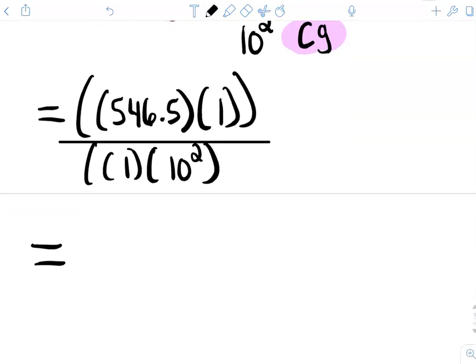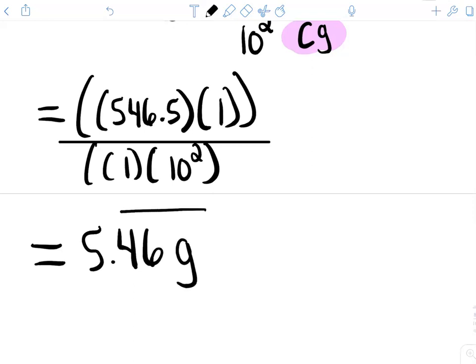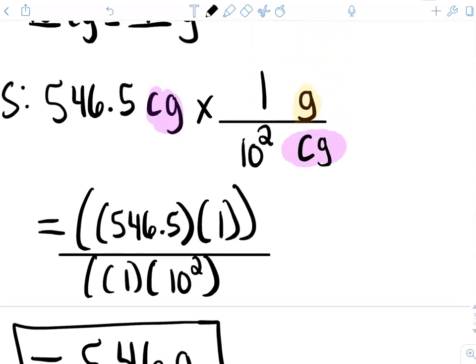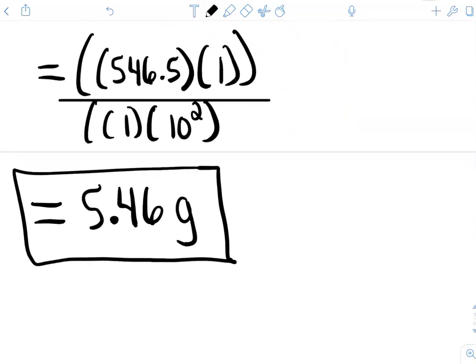Then we're going to be left with 5.46 grams. Now you might be thinking to yourself, how do you know that it's grams? Because my units canceled each other out, I was left with gram. Also, you may be thinking to yourself, well, Ms. Dupuy, you really just moved the decimal place.